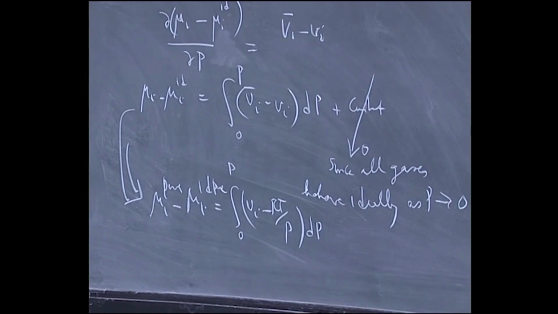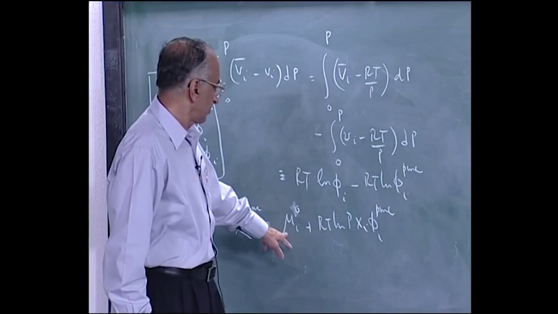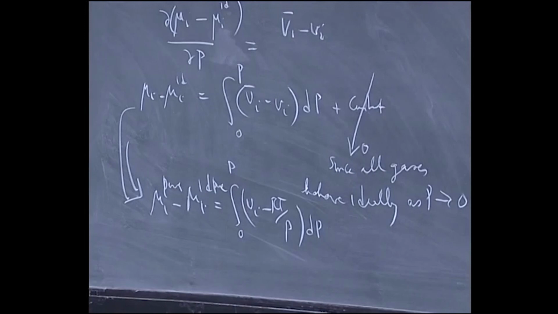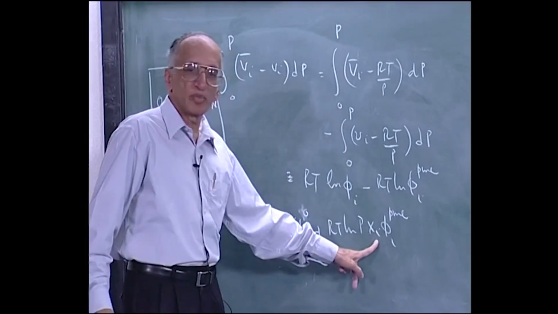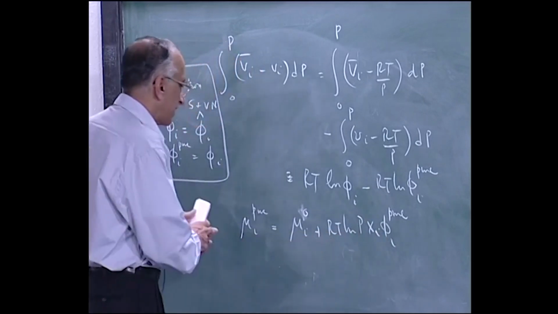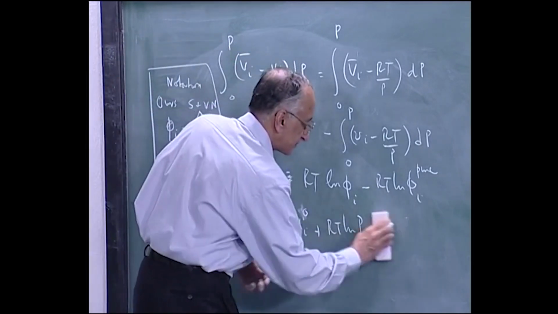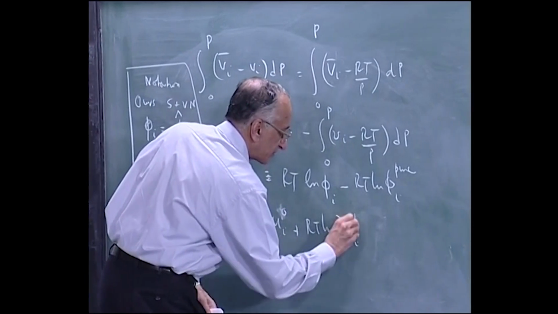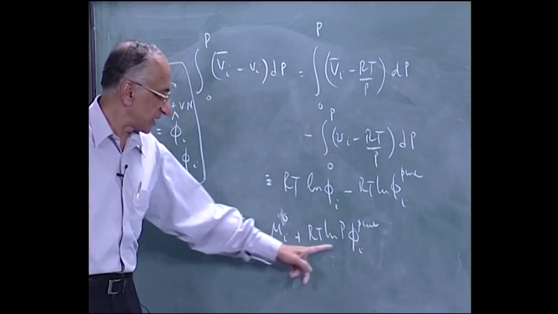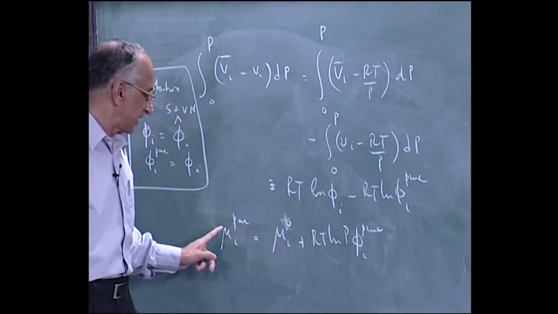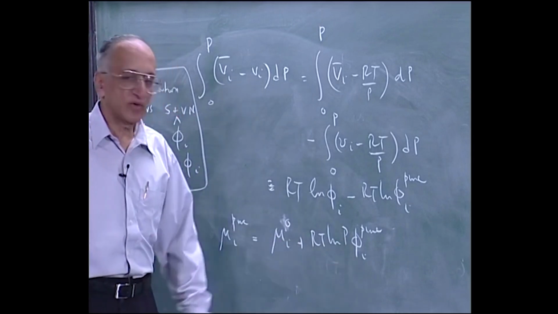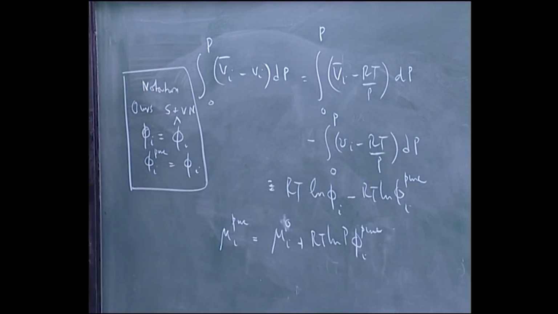Mu I ideal pure we had already, that is mu I 0 plus RT ln P. If I multiply by, oh there is no xi here, P phi I pure, mu I 0 plus RT ln P would be the value for mu I pure ideal. I add on a correction for non-ideality which is phi I pure.